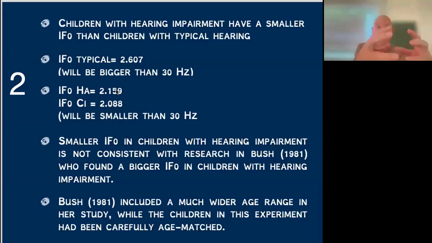So we only had 6-year-olds, and in that Bush study, you know, the age range ran up to 12, 13 years of age. So other factors come into play there, like substantial anatomical differences between the speakers, and not normalizing, of course, between the measurements.